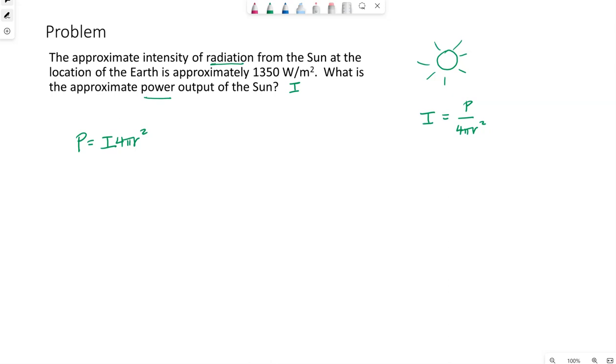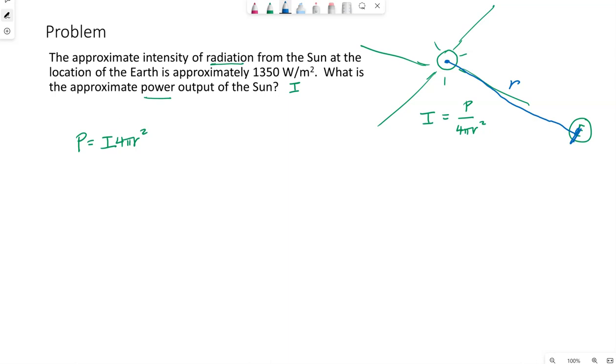So if we think about this, all these electromagnetic waves coming out of the sun, out here somewhere is Earth. So the R we want is the distance from the sun to the Earth. In the book, or also in the test notes near the front, we have a table of astronomical data.